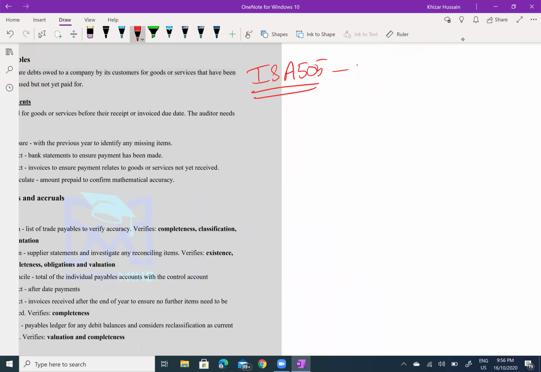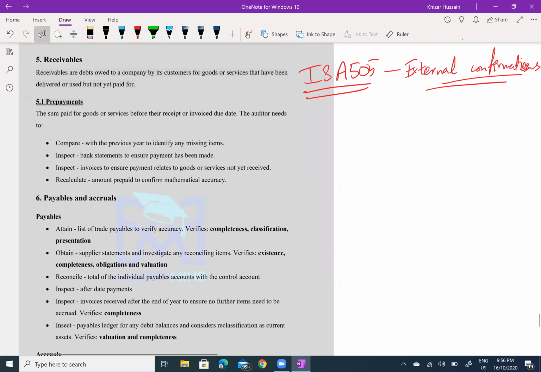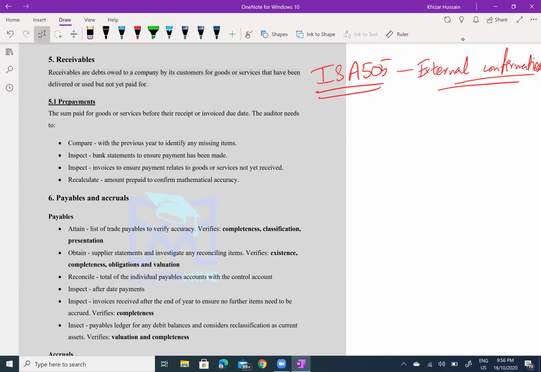This standard talks about external confirmations, right? Confirmations that you send out to suppliers or your customers is also called circularization.